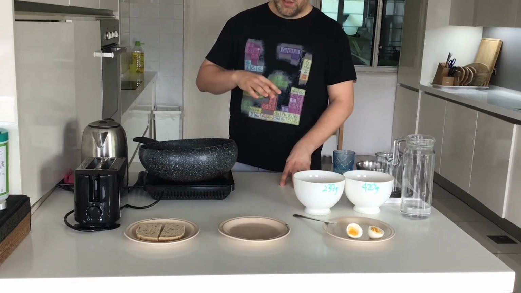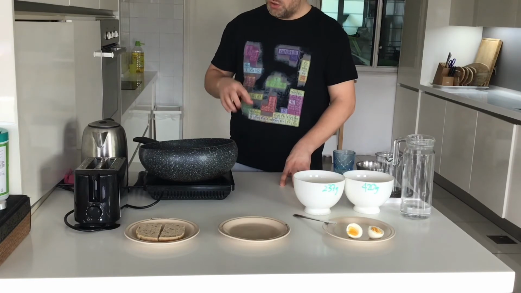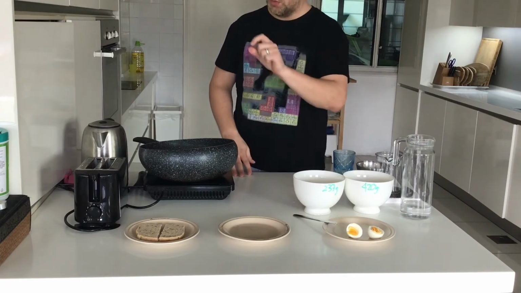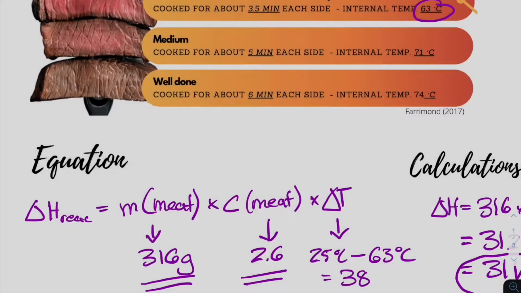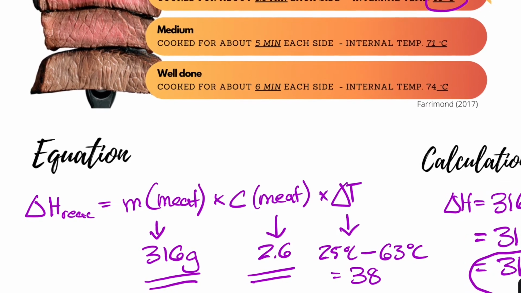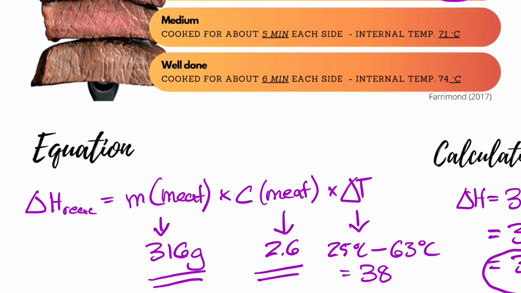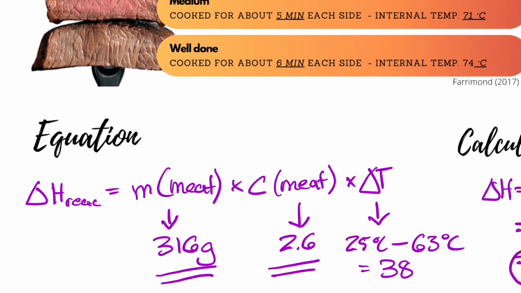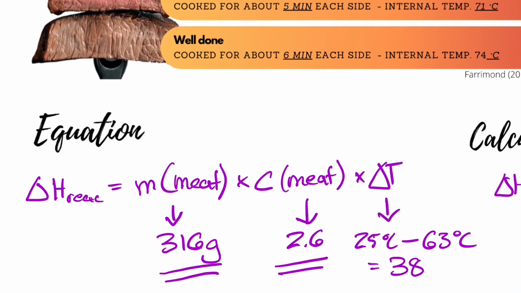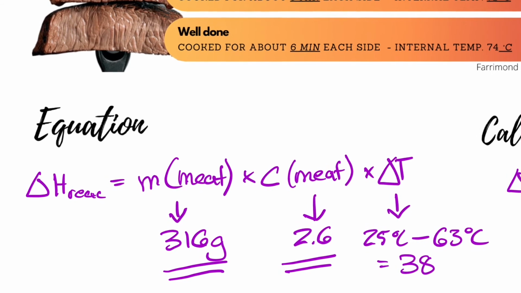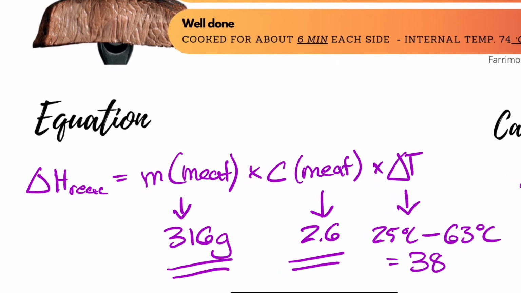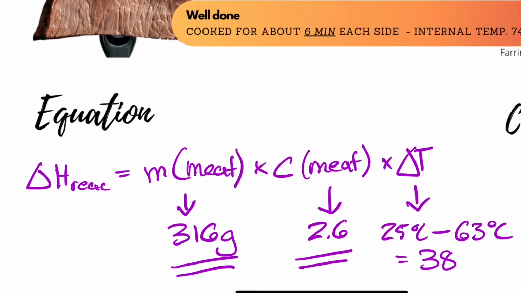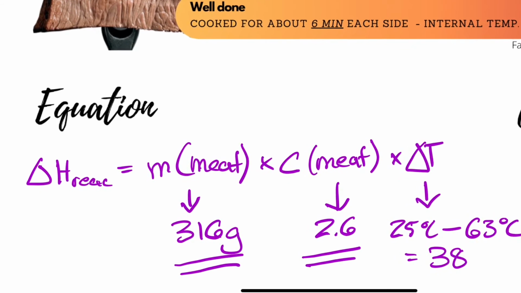So today you're going to do two calculations. One calculation will be to identify the enthalpy used if you think perfect conditions, 63 degrees on the inside and maybe 170 degrees on the outside. You want to determine the enthalpy that you've used.